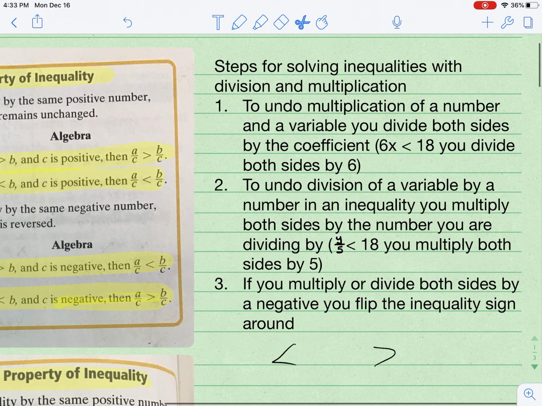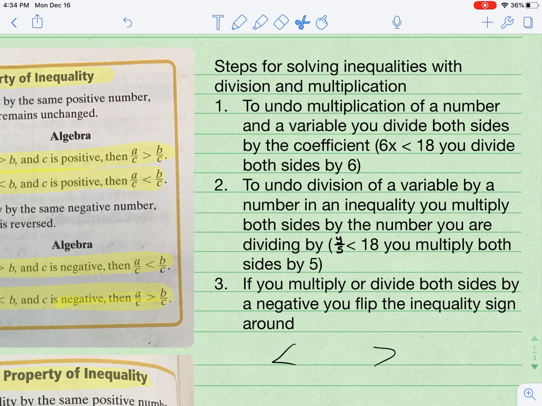Now for solving inequalities with division or multiplication, it's just like solving equations with one step with multiplication and division. To undo multiplication of a number and a variable, you divide both sides by the coefficient. Whatever number you're multiplying that variable by, you're going to have to divide that on both sides.